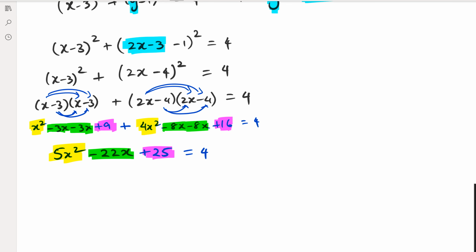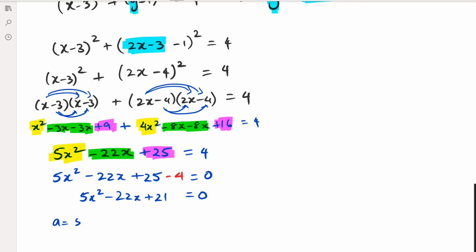So I rearrange this so that one side equals 0. I've got 5x squared minus 22x plus 25. And then when I bring the 4 onto this side, it becomes minus 4, which equals 0. Simplifying it, I've got 5x squared minus 22x plus 21 equals 0. At this point, I write down my a, b, c values.